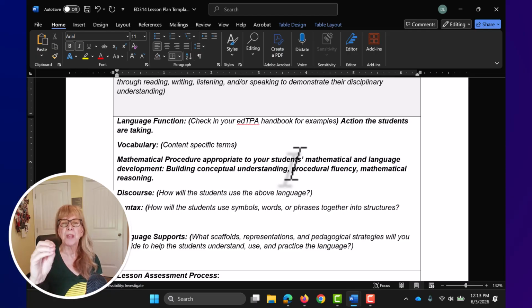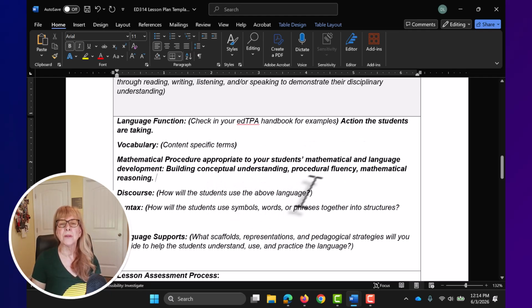And so these are the three different kinds of mathematical procedures there are, three broad categories. And so if you're doing a math lesson, talk about which one or two that you're working on. Okay, discourse is the next section, and that has to do with how are the students using the language.